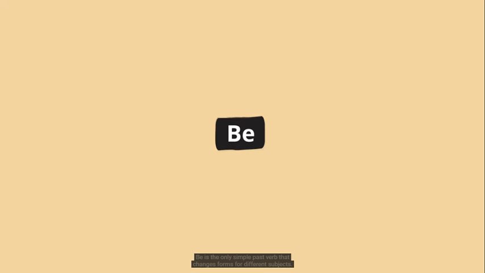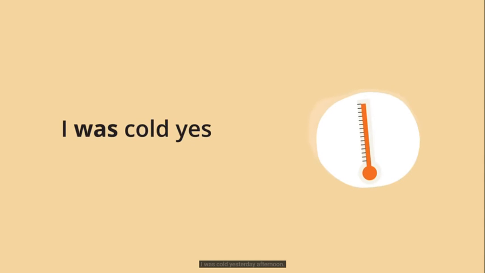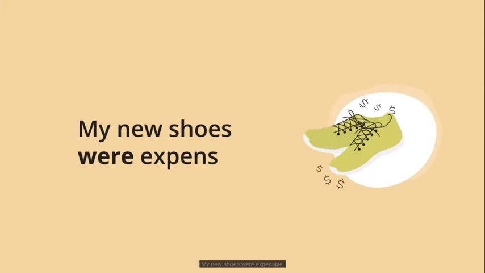Be is the only simple past verb that changes forms for different subjects. The two simple past forms of the verb be are was and were. I was cold yesterday afternoon. My dog was hungry. My new shoes were expensive.